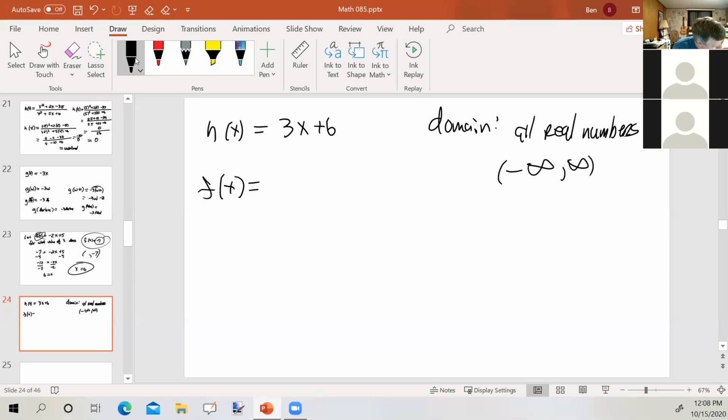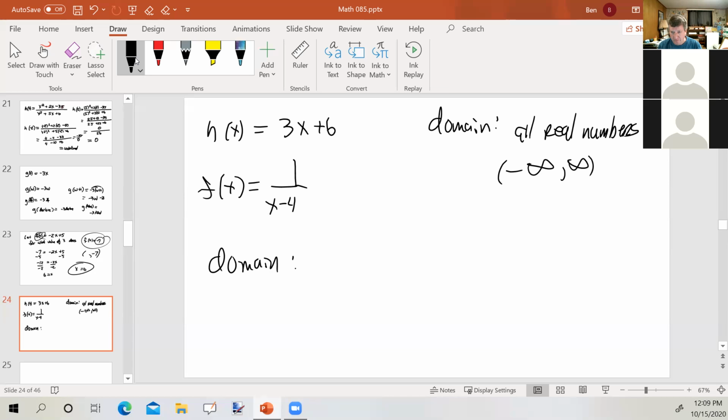f of x equals 1 over x minus 4. What's the domain here? Or better yet, what's not in the domain?